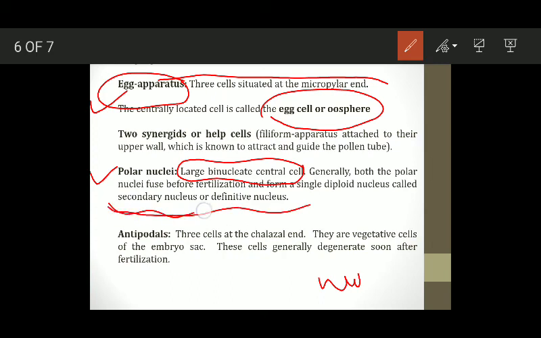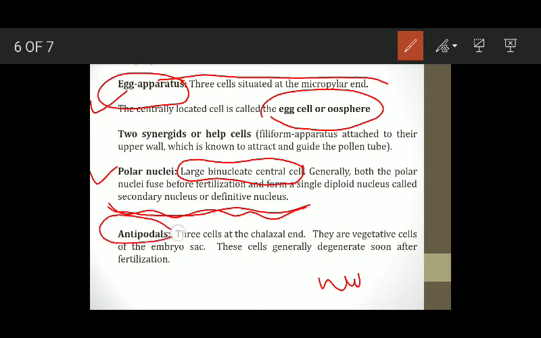Remember, in most cases, the 2 polar nuclei in the central cell fuse before fertilization and form a single diploid nucleus, and that single diploid nucleus is called the secondary nucleus or definitive nucleus.